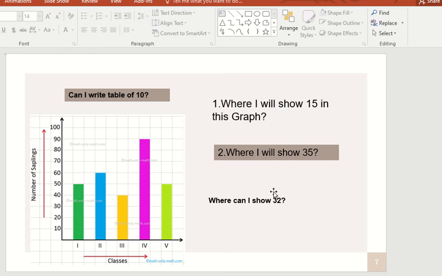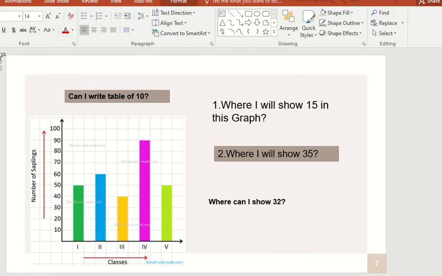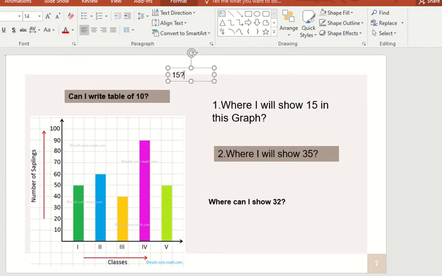It's my choice. For example, if I have data in which I want to represent 15, where will I show 15?